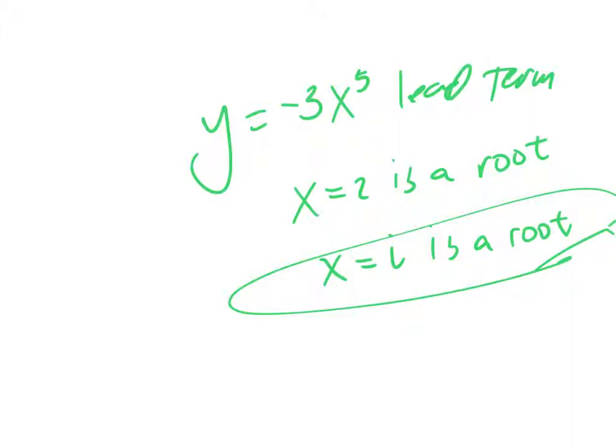Do you remember that imaginaries on a graph always come in packages of 2? So as soon as they say x equals i is a root, I know that x equals -i is also a root. I want you to understand why there's always 2. If there's going to be any imaginaries, it's going to be in packages of 2, like either 2 imaginaries or 4 or 6.